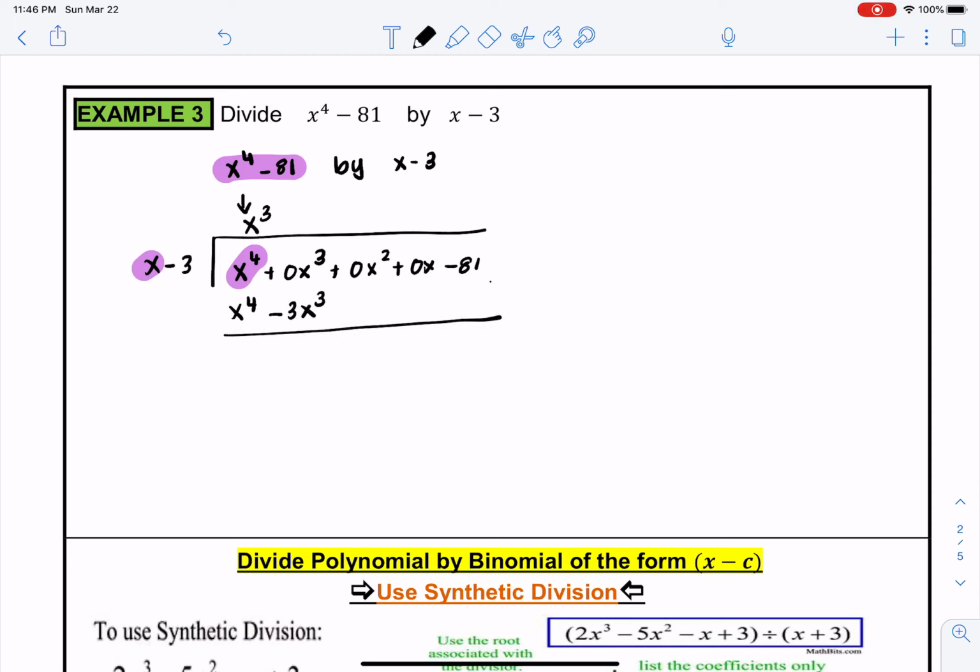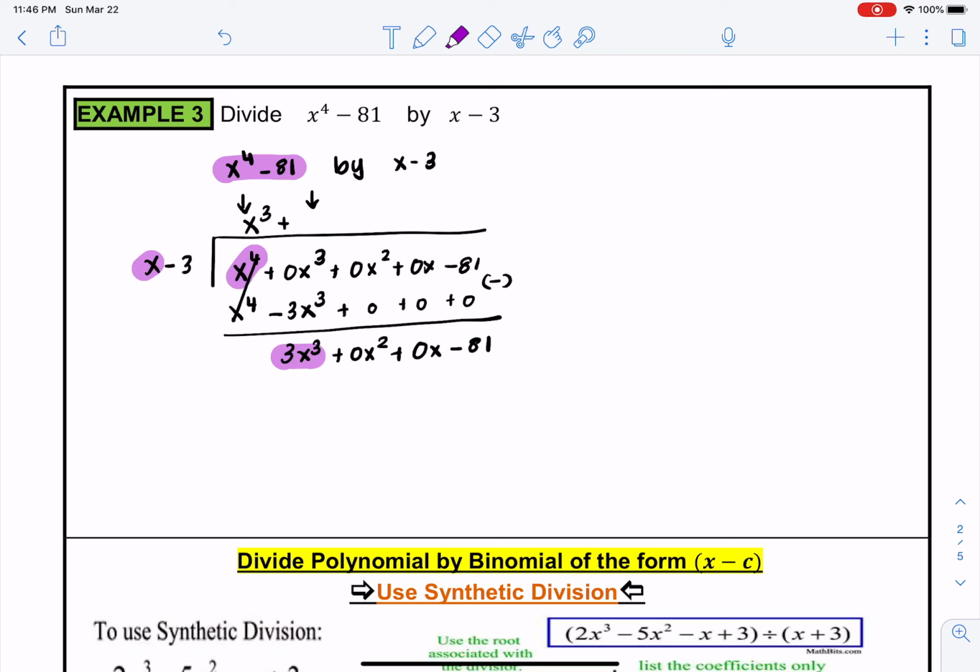And let us subtract, and those two terms would go away. 0x cubed minus negative 3x cubed is positive 3x cubed. The other terms, when we bring them down, we simply have 0, 0, and 0. So we'd get 0x squared plus 0x minus 81.